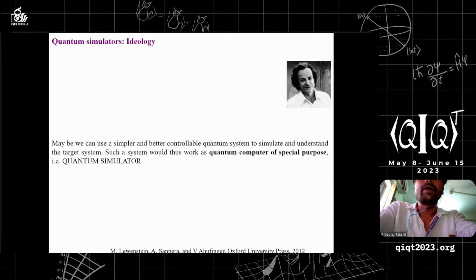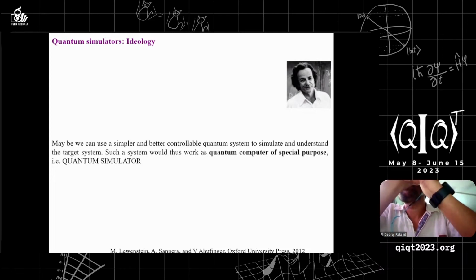Such a system will work like a quantum computer, but a quantum computer of special purpose. Its idea is very different from the digital quantum computers that we know about when we usually talk about quantum computers.